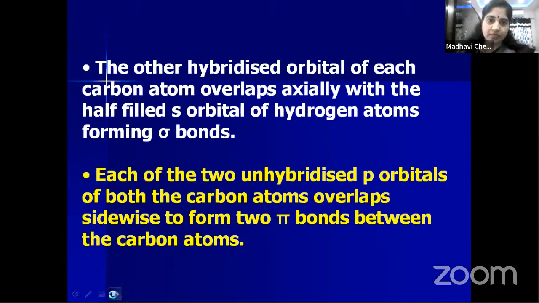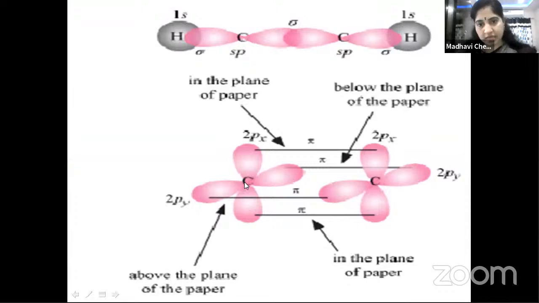Now you can see in this figure, these are the 2 unhybridized p orbitals which are perpendicular to the plane. In this figure, we have shown only the sp hybridized orbitals, whereas in this case we have shown only the unhybridized p orbitals.